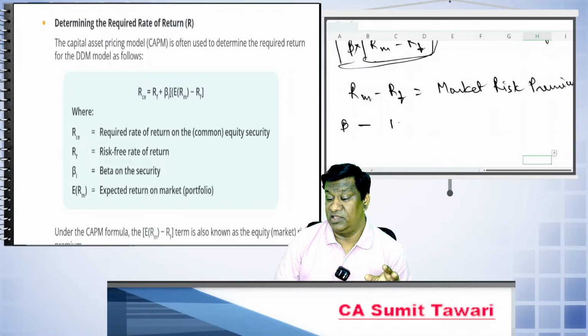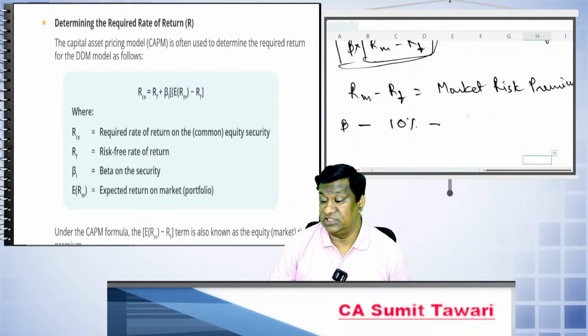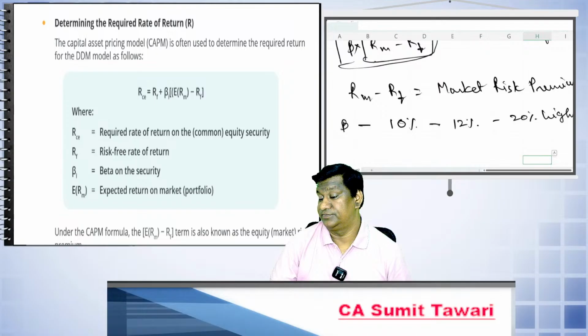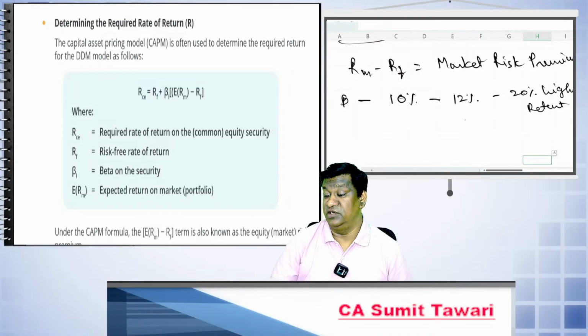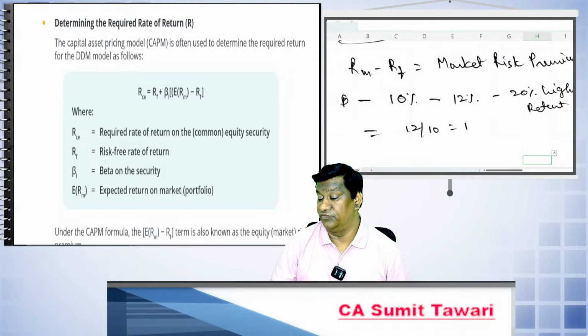Say the market gives a return of 10%, and in that scenario I am getting a return of 12%. What does it mean? I am getting 20% higher return. So when the market gives a return of 10%, I am getting 12%. So what is my beta? 12% divided by 10 equals 1.2.